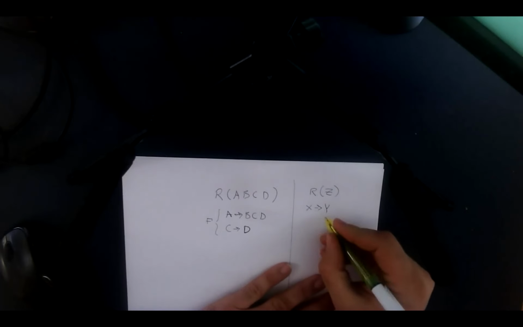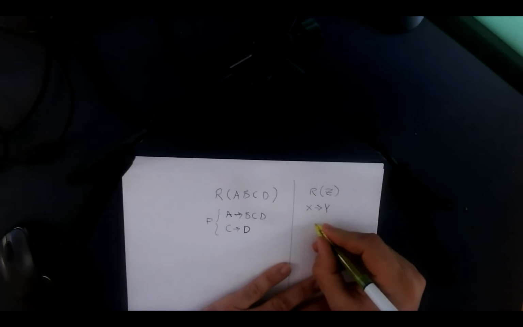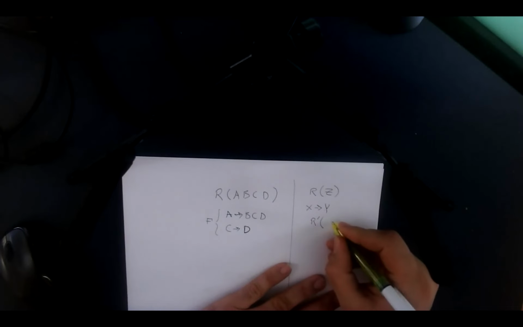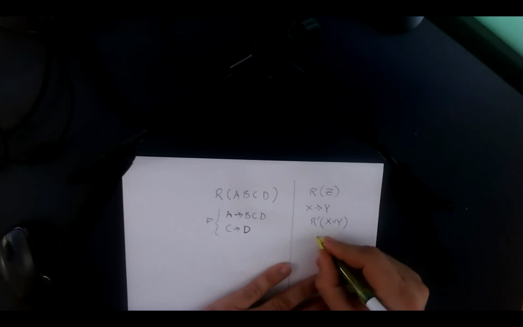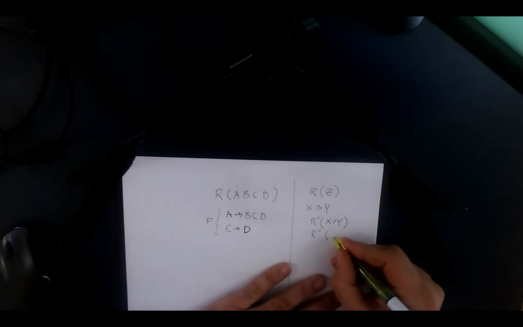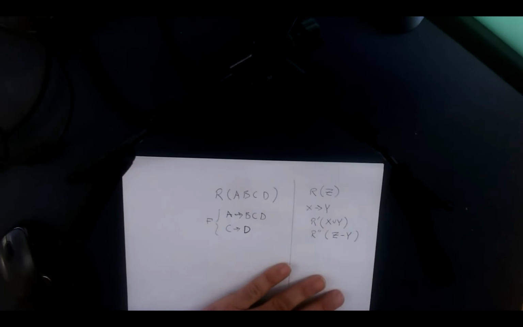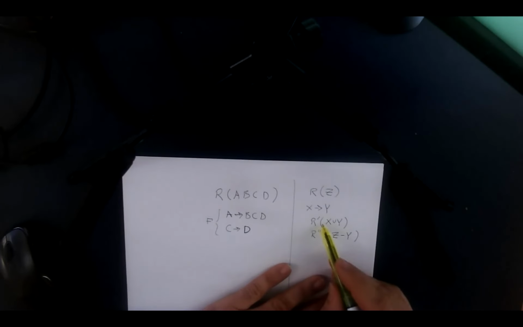What we're going to do is propose the following decomposition into R prime, which is going to wind up being X union Y, and R double prime, which is going to be Z minus Y. So if we apply this template, this is how it works.